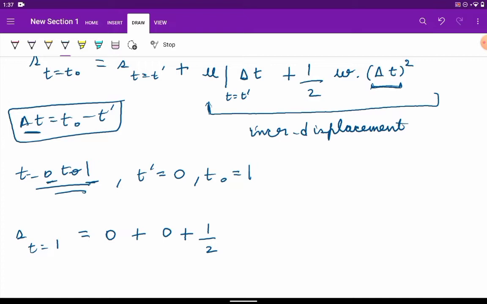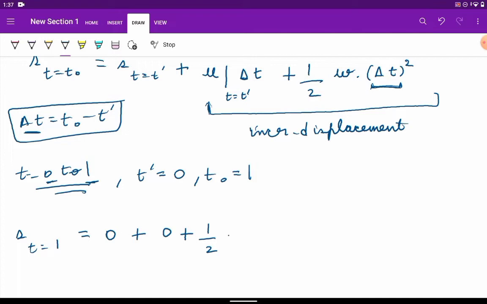But since they have asked us to draw an approximate curve, if we have the initial point and the ending point, we know the rough shape of the curve. It will be a parabola that is curved upwards. You will see when I draw the curve.